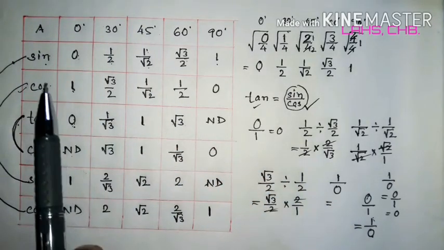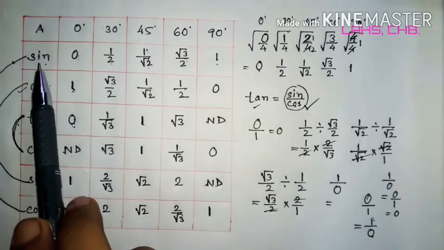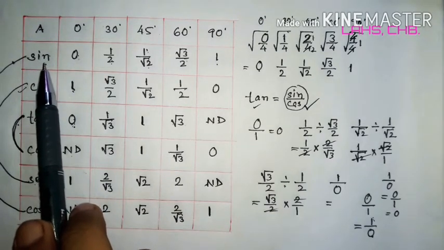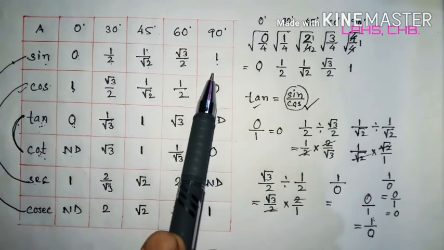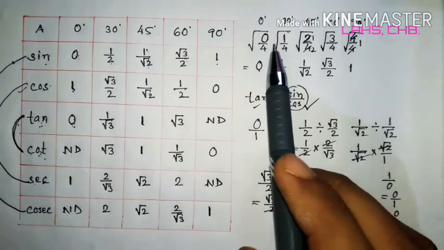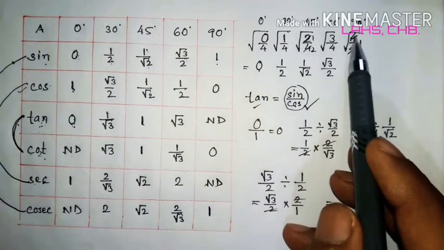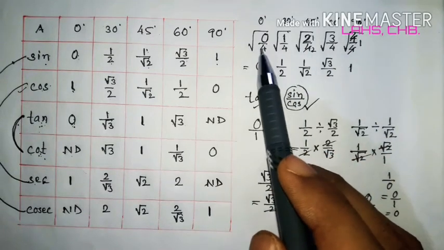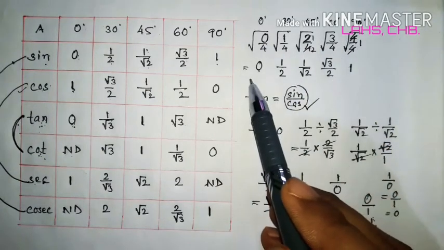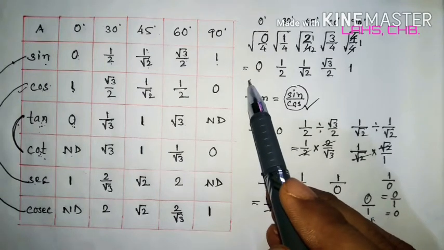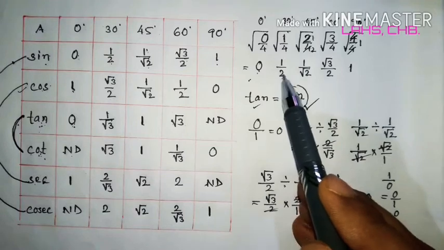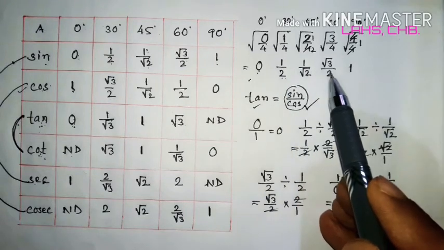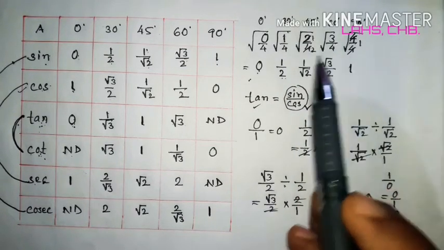I would like to remind you, in order to obtain the different values of sine ratios, that is sine 0 degree, sine 30, sine 45, sine 60 and sine 90, we should write all the numbers from 0 to 4. Divide each number by 4, then find the square root. You will get the values for sine 0, sine 30, sine 45, sine 60 and sine 90.